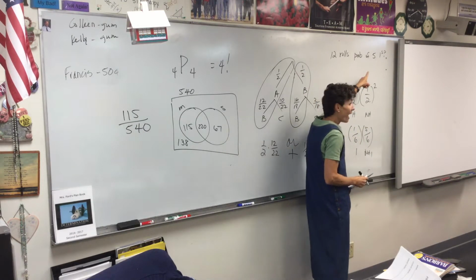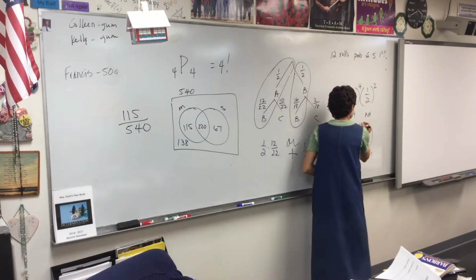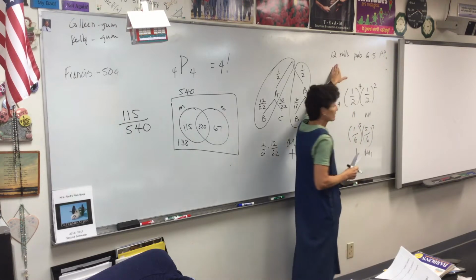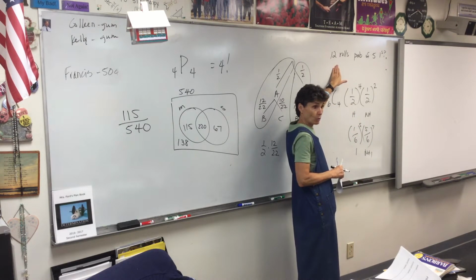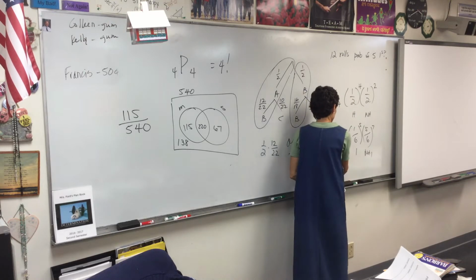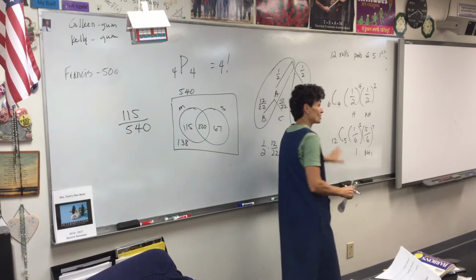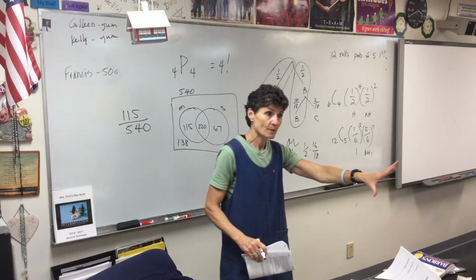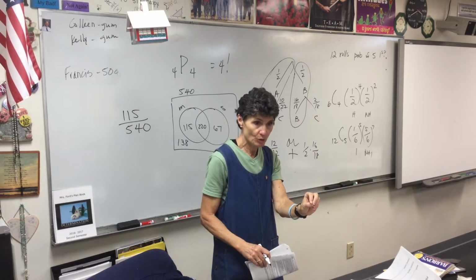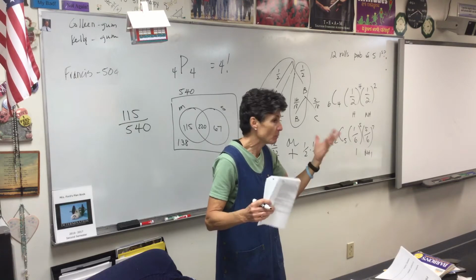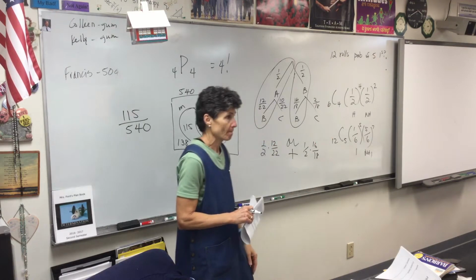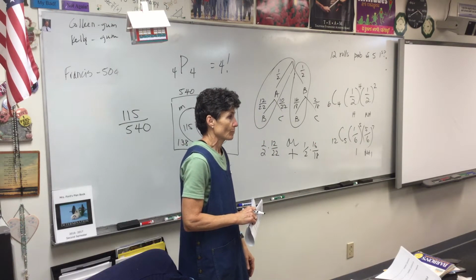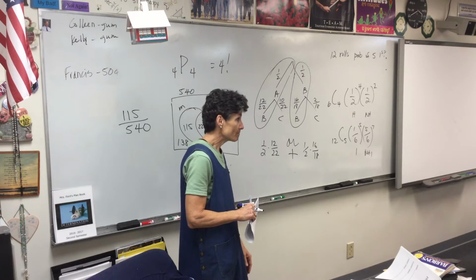If I wanted 5 ones, this would be a 5 and this would be a 7 because I have 12 rolls. And then the number of ways I could do that is 12C5. I'm going to roll it 12 times and I'm going to pick 5 of those to be ones. Got it?